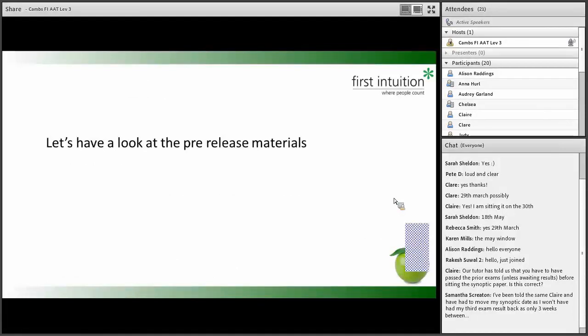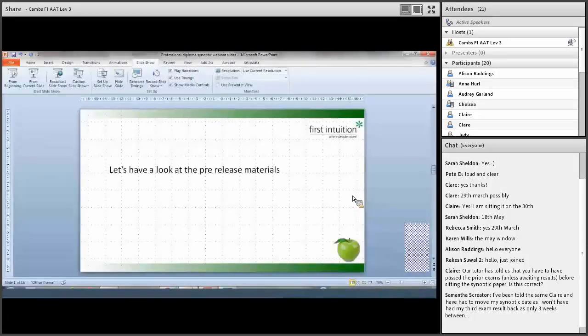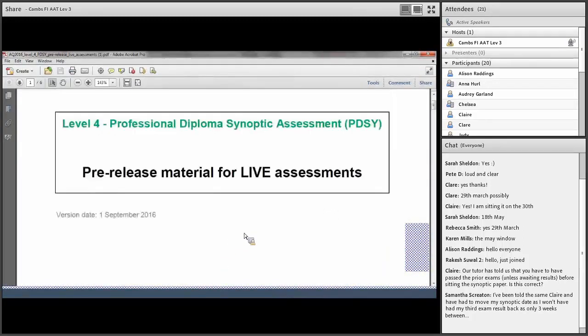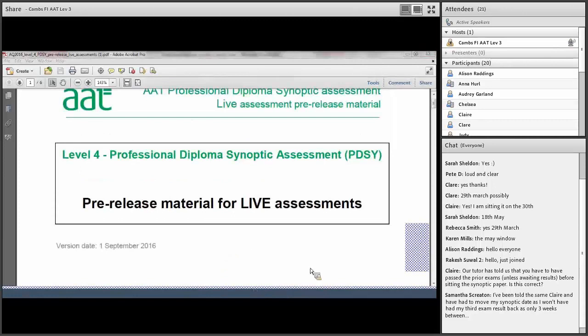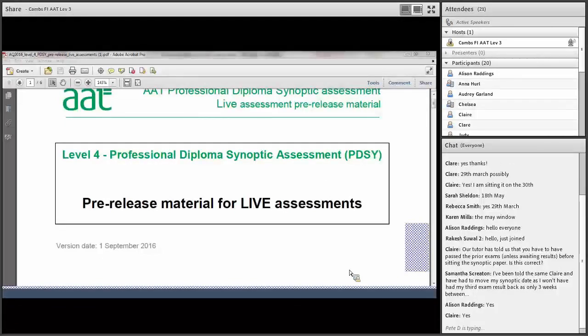those people? So we're going to have a very brief look at the pre-release materials. So bear with me whilst I share this on the screen. Can I just check, can you see the pre-release for live assessments in front of you, if someone wouldn't mind letting me know? That's great.